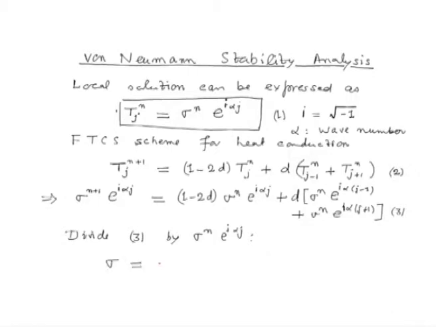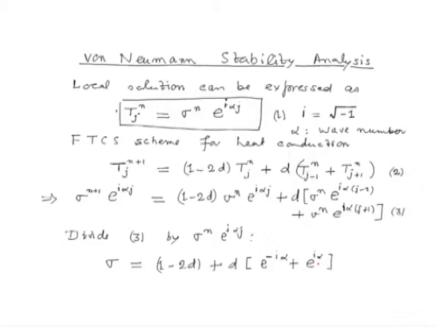Sigma is equal to 1 minus 2d plus d times e to the power minus i alpha plus e to the power i alpha.